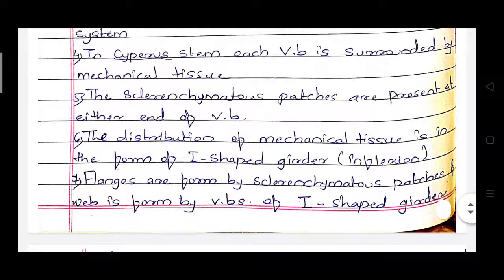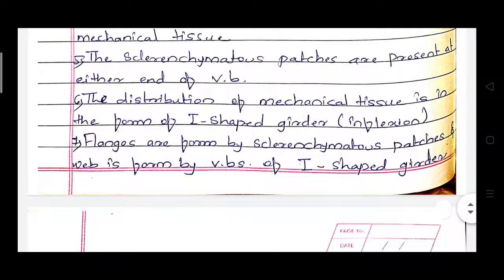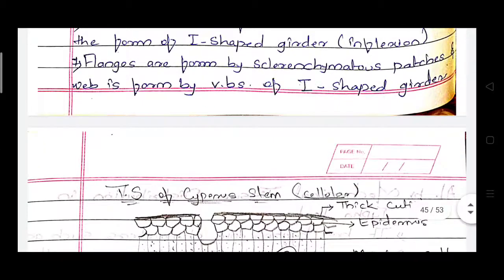So the distribution of the mechanical tissues is in the form of an I-shaped girdle. In the I-shaped girdle, the flanges are formed by the sclerenchymatous patches, and the web is formed by the vascular bundles, and they collectively form the I-shaped girdles.